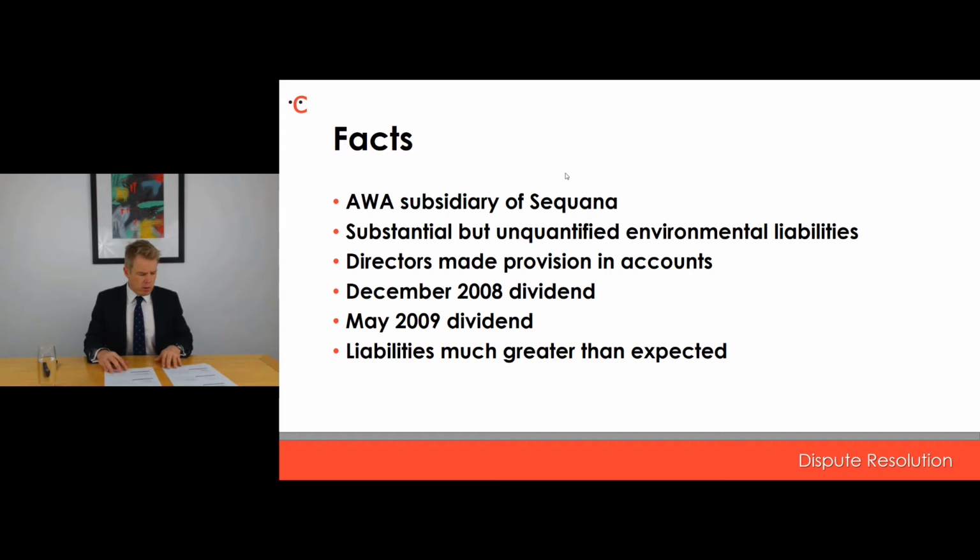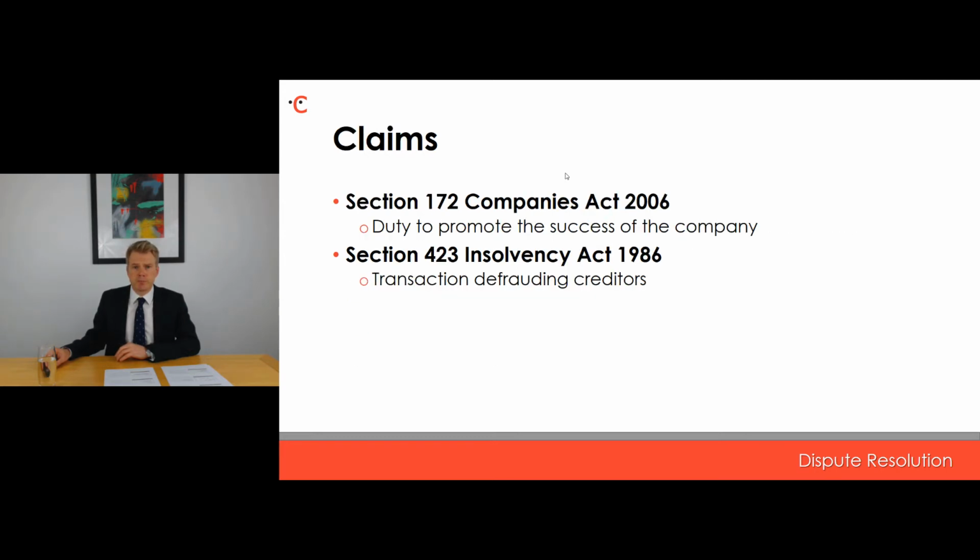It turned out that the liabilities were much greater than expected, and the claimant company had a benefit and indemnity, and brought some claims. And the claims were twofold. The first was against the directors of the company under Section 172 of the Companies Act.